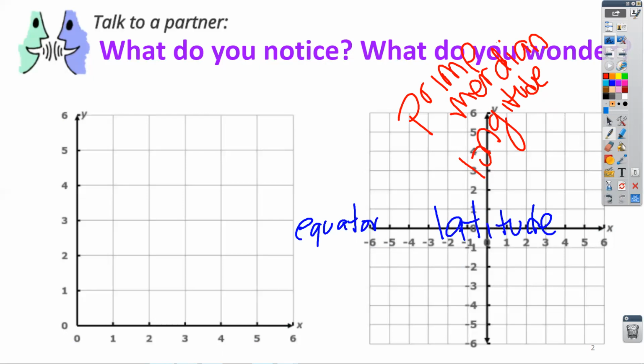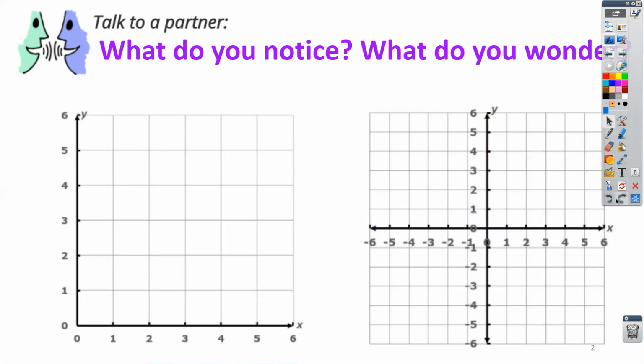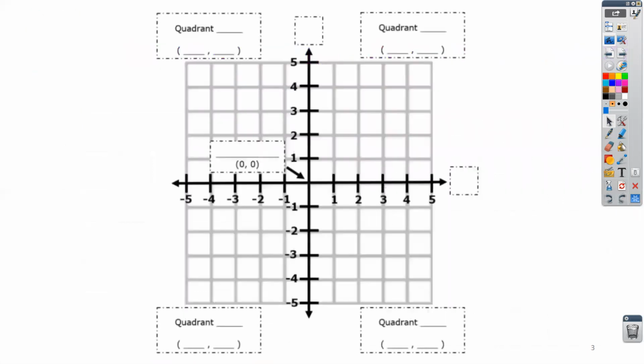So when you're reading longitude and latitude coordinates on a globe or on a map in world cultures, you're really just using an x and y coordinate, which is the same thing in math. So just something you can kind of see how math is also in world cultures, which y'all have seen some things like that on your warm-up recently.